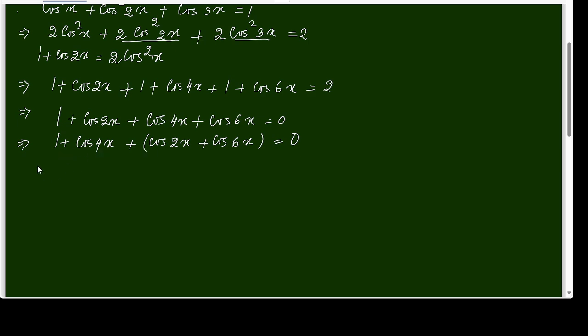So next, 1 plus cos 4x equals 2 cos square 2x, and cos a plus cos b equals 2 cos of (a plus b) by 2 times cos of (a minus b) by 2. So it will be cos 4x, and cos 2x.